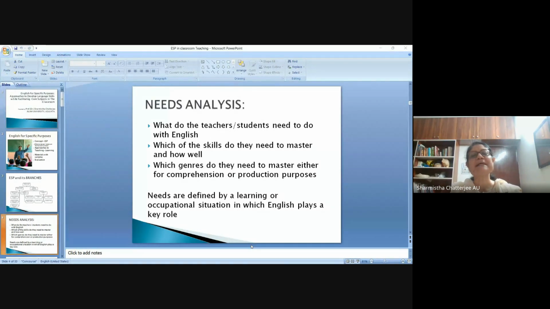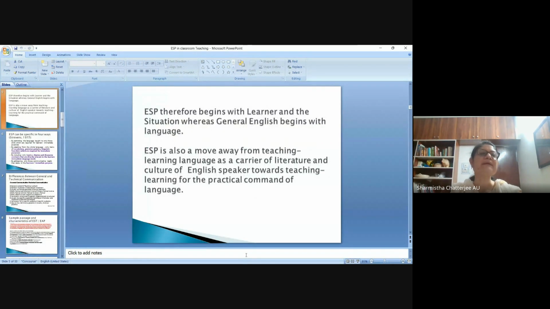So how can you approach listening, speaking, reading, writing through your subjects? At any moment, if it's becoming very boring, kindly let me know. What is very important in ESP is that it begins with the learner and the situation. That would mean you as a learner, or your learner as a learner. What exactly do you need in your computer science class, or your EVS class, or your geography class?